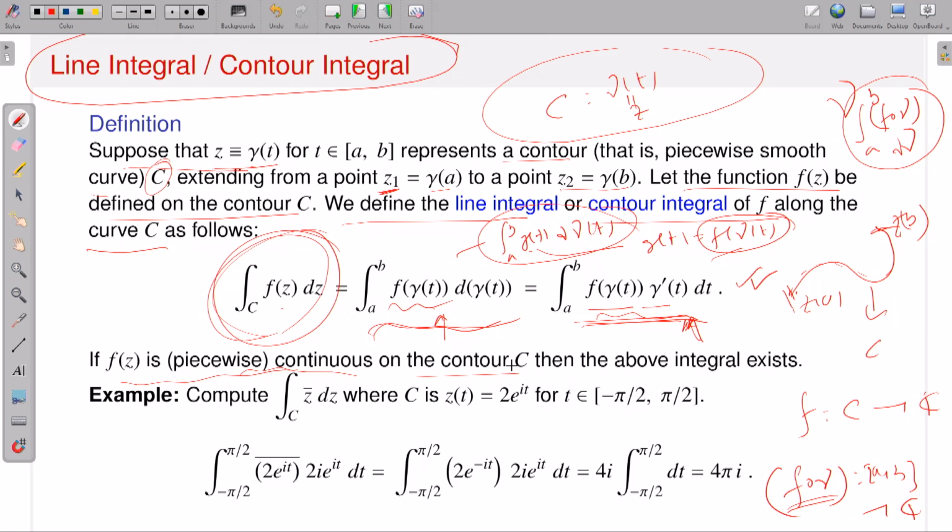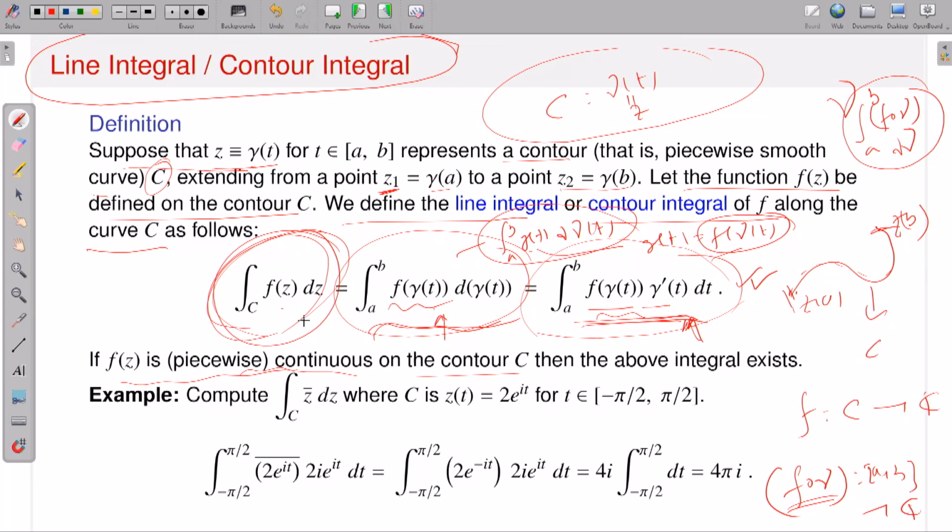That means I can make sense of this Riemann-Stieltjes integral, and I denote it as the contour integral of f over my contour C. So if I combine everything, start with a contour, a piecewise smooth curve, then you will have a parameterization.